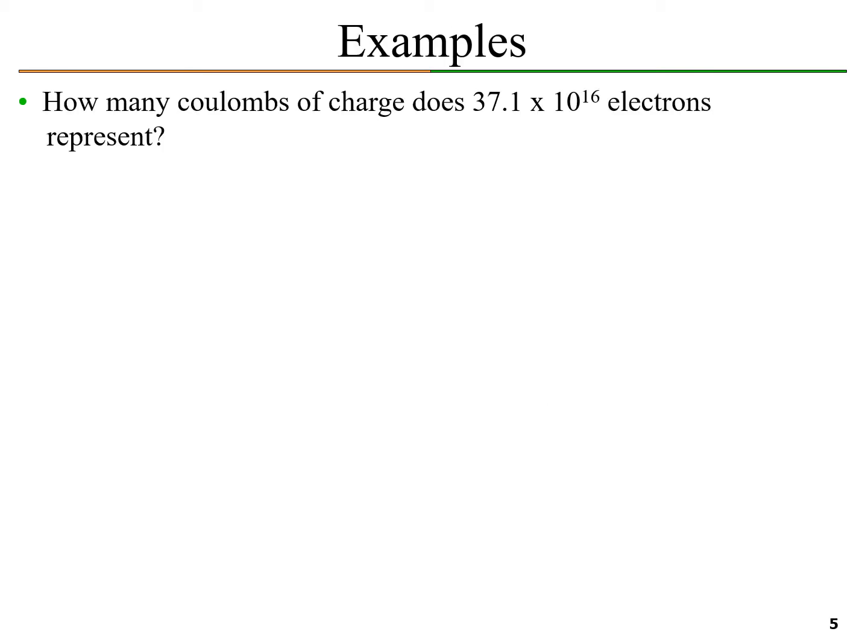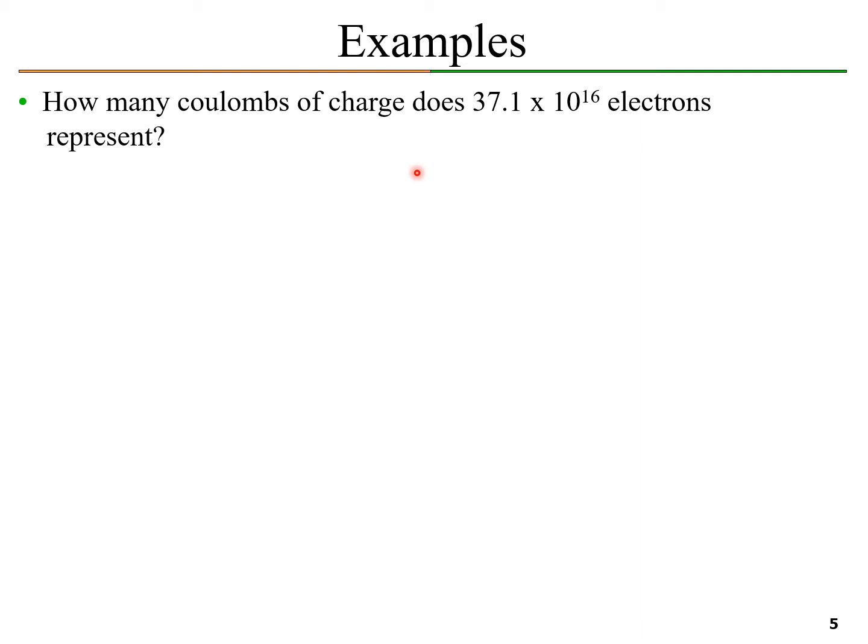How many coulombs of charge does 37.1 times 10 to the 16 electrons represent? This 37.1 may give you the impression that we have a fraction of an electron, but when we multiply 37.1 times 10 to the power 16, we move the decimal point 16 places to the right and we end up with a whole number.